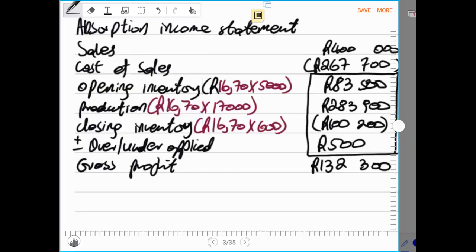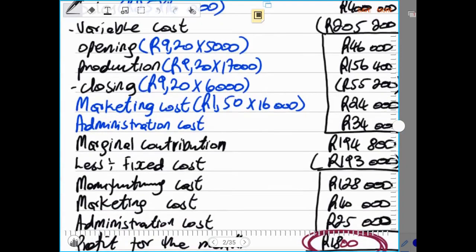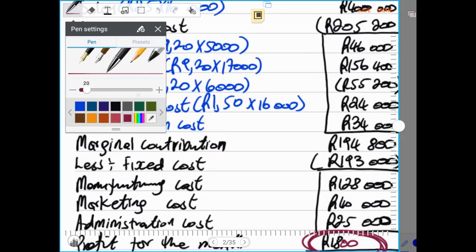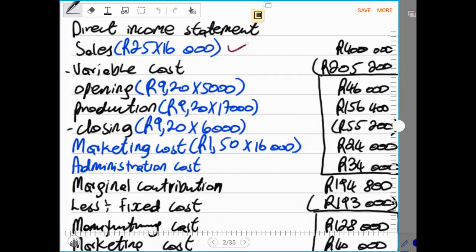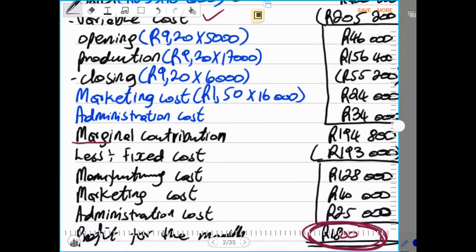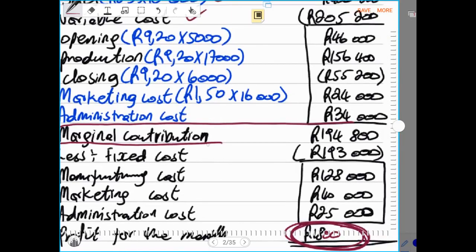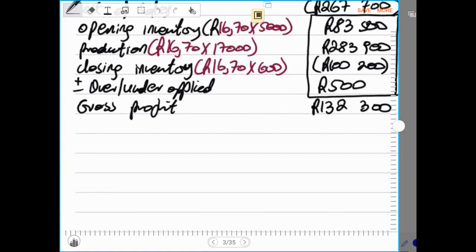And please be mindful that sales minus variable cost gives us marginal contribution or contribution margin. It does not give us gross profit, please. Take note of that. It gives us marginal contribution. But sales minus cost of sales is equal to gross profit. Then after that we say less fixed cost.